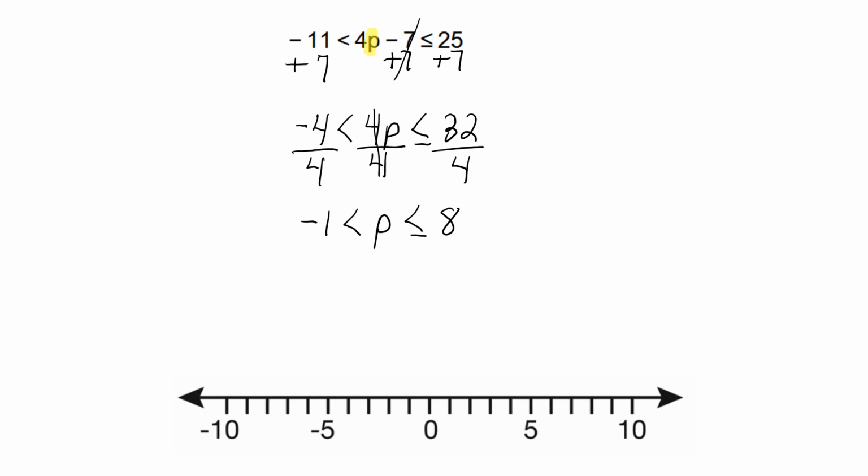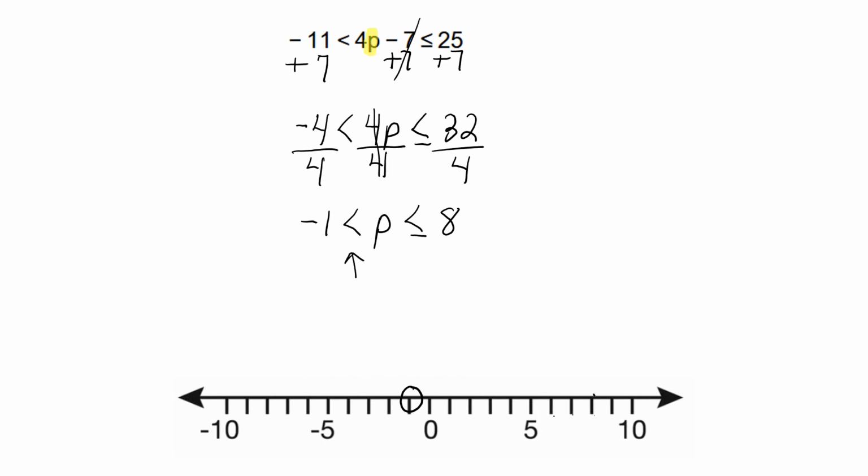So the nice thing is you're working left to right. On the left side, you're going to go to -1, which is, this is 0, this is -1. You're going to put an open circle because our symbol does not have a line under it. Then on the right side is going to be 8. So this is 6, 7, 8.